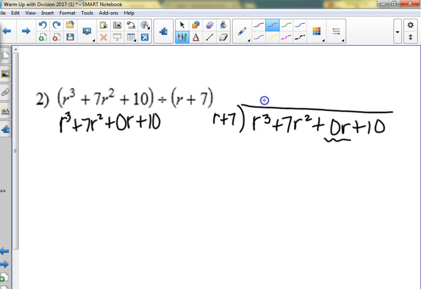Is there somebody who's really struggling with this, who wants to help me talk through this? Okay. Can you help me with this one? Yeah. Just tell me. R times what would become R cubed? Okay. So what is going to happen when I multiply both of those?